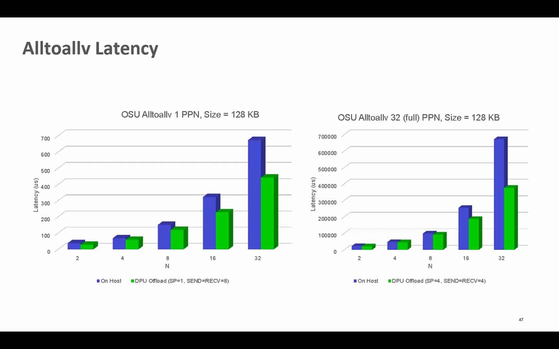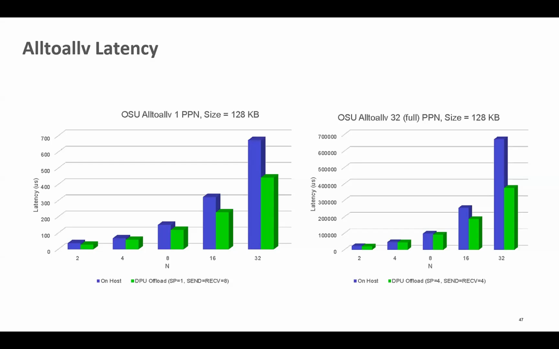Something to notice also, if you look at the legend here for the offload: ASP is service processes, the number of processes that are running on the DPU to do the offload. Depending on how many processes you have running on the host, you may need to partition these among several processes running on the DPU, so you don't create bottlenecks, right?